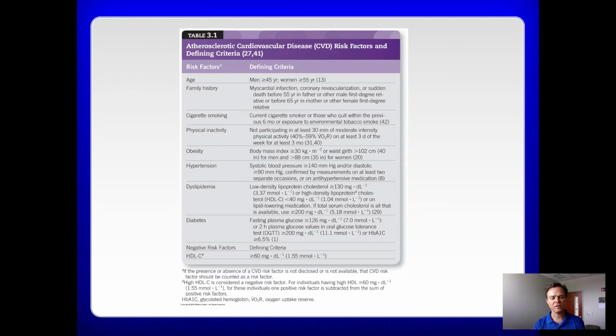If the blood glucose is over 200, they're not metabolizing glucose appropriately, in which case they are considered to be diabetic as well. We'll talk about diabetes a lot more in the future, but diabetes is a major risk factor for heart disease. Now, one where you take a risk factor away is if your HDL cholesterol is over 60. So if it's over 60, you take one risk factor away.